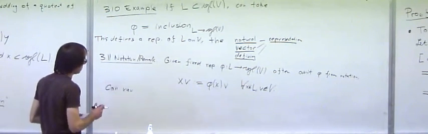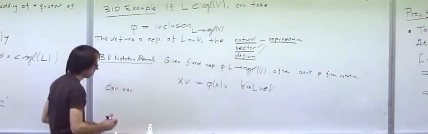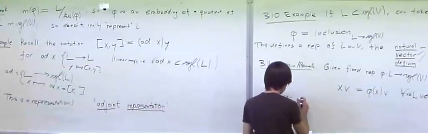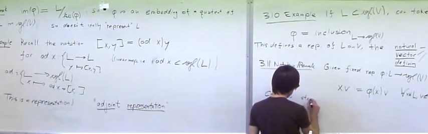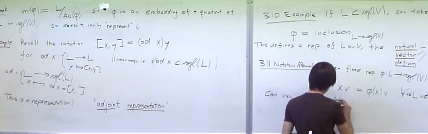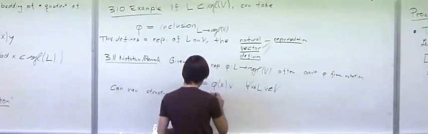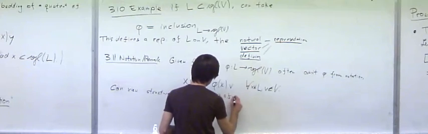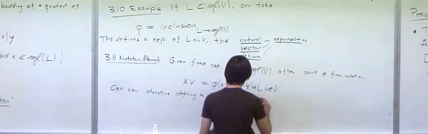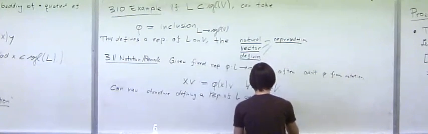And if we omit phi from the notation, maybe one could also try to omit it from the definition. And one can view the structure defining a representation of L on V as a product, as a bilinear map.